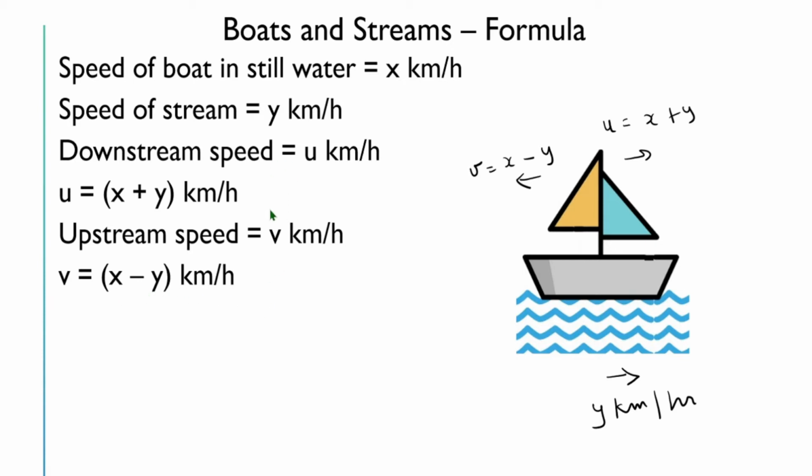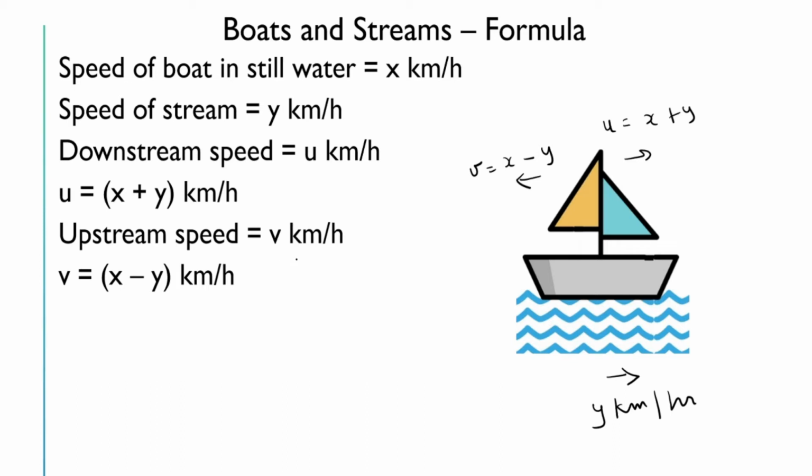This formula can be used while finding out the speed of boat and speed of stream. Sometimes we will be given the downstream speed and the upstream speed. In that case, we will be asked to find the speed of boat in still water, that is x, and speed of stream y. In those cases, we can use this formula.